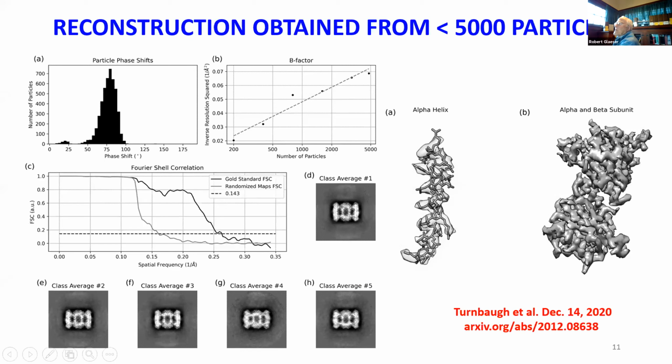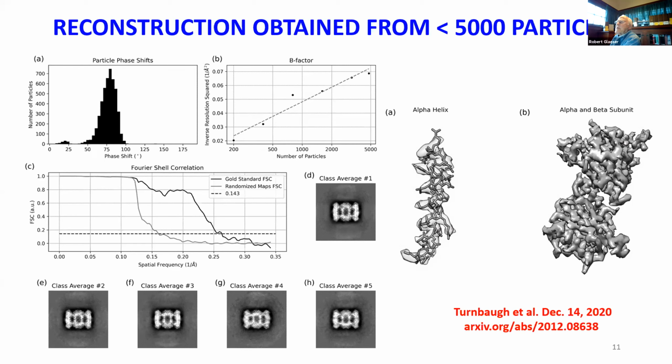Getting to the good part first, a 3D reconstruction from 5,000 particles times 14 asymmetric units per particle gave a map that went to a resolution of about 3.8 angstrom, in the FSC curve in the middle left panel. The representative examples of different two-dimensional class averages of different particles show very promising features, something we want to look for.